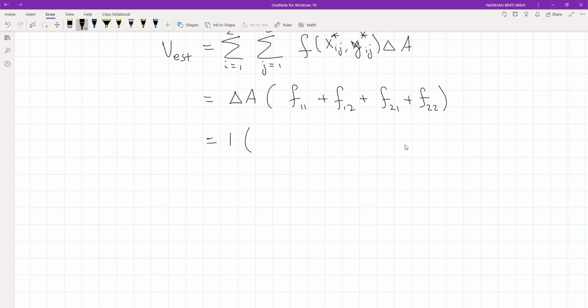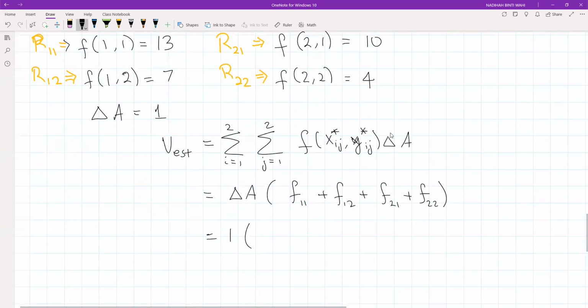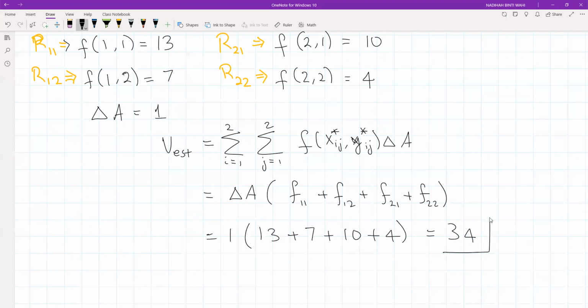So the thing is everything is just add up 13 tambah 7 tambah 10 tambah 4. So this is equals to 34. So this is units cube. So this is just the estimation.